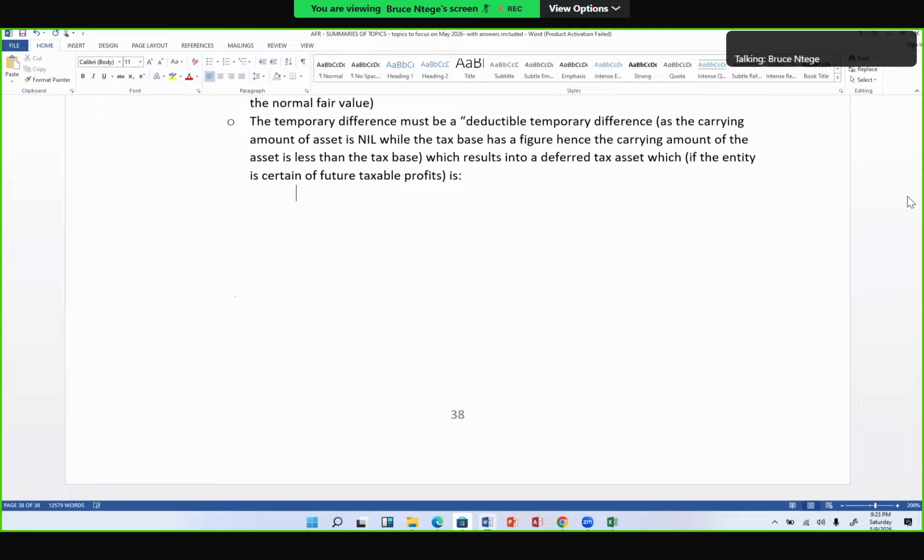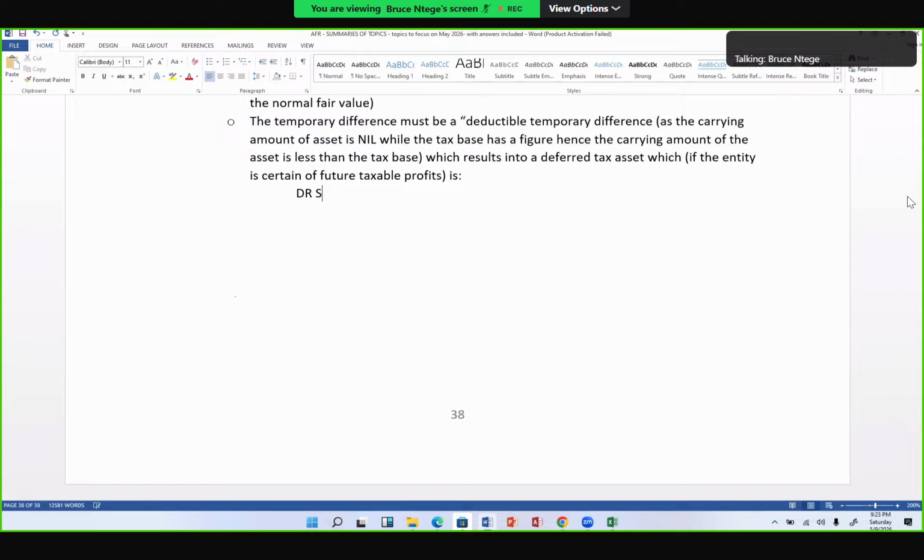So I'll debit the deferred tax asset in the current assets, and the credit shall go to the P&L.